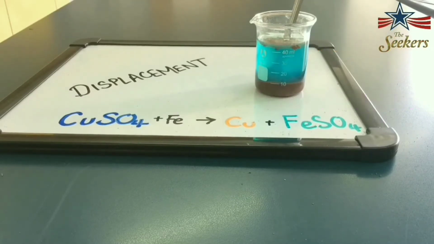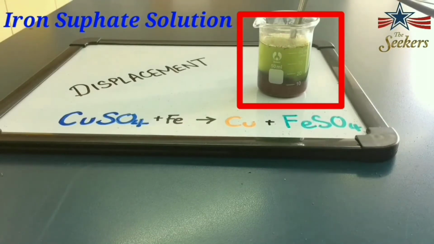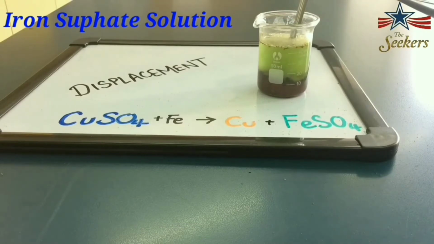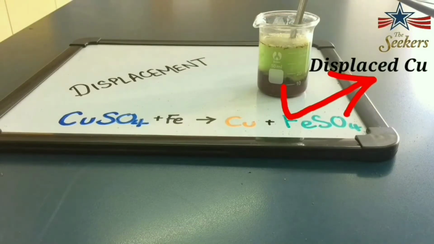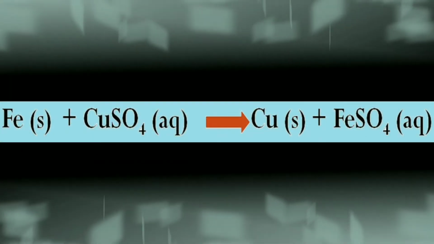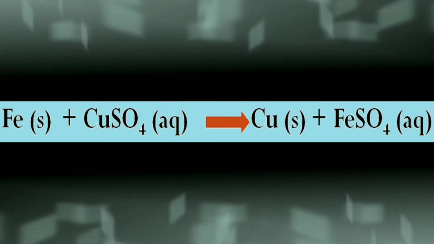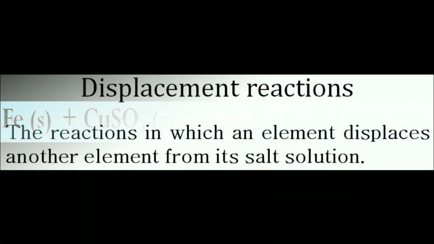And after some time, the whole blue color of the solution turns to light green because all the cupric ions from the solution are displaced by the ferrous ions, and brown colored copper metal gets deposited at the bottom of the beaker. Have a look at the chemical equation of this reaction. Iron plus copper sulfate, forward arrow, copper metal plus iron sulfate.